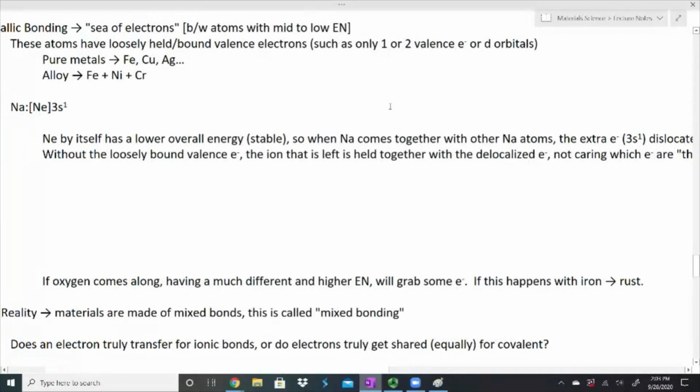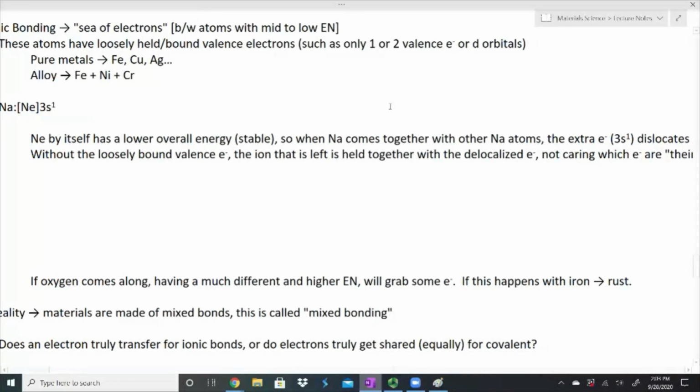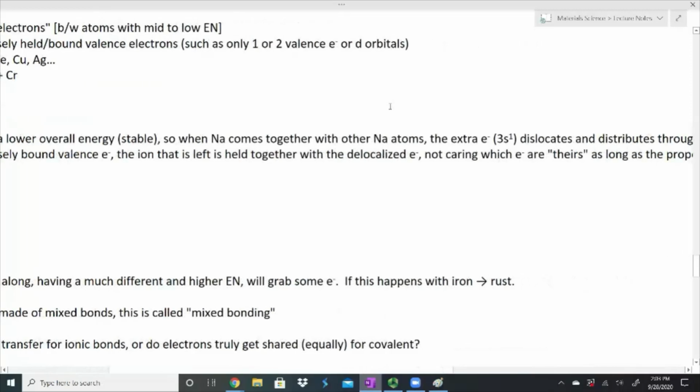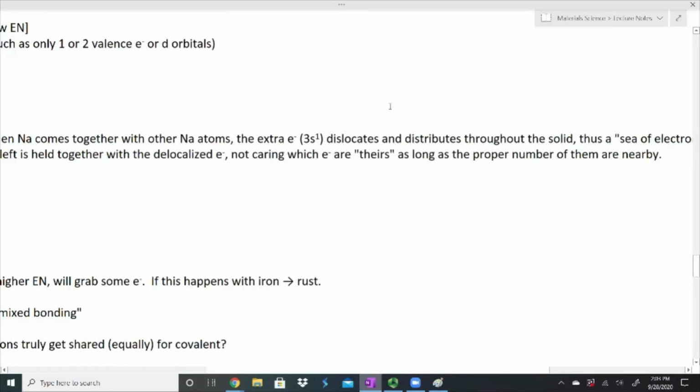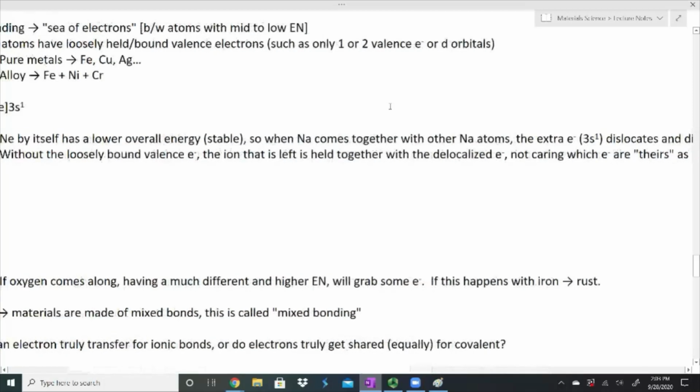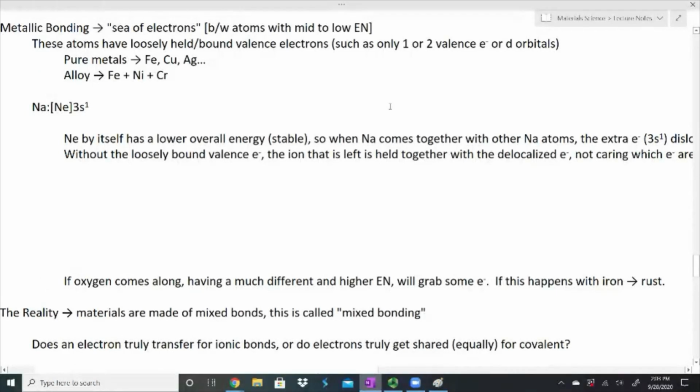Without the loosely bound valence electron, the ion that is left is held together with the delocalized electrons, and it really doesn't care which electrons are theirs as long as there's the proper number of them nearby. All right, that's a lot of words. Let's draw a picture. Pictures are much, much better.